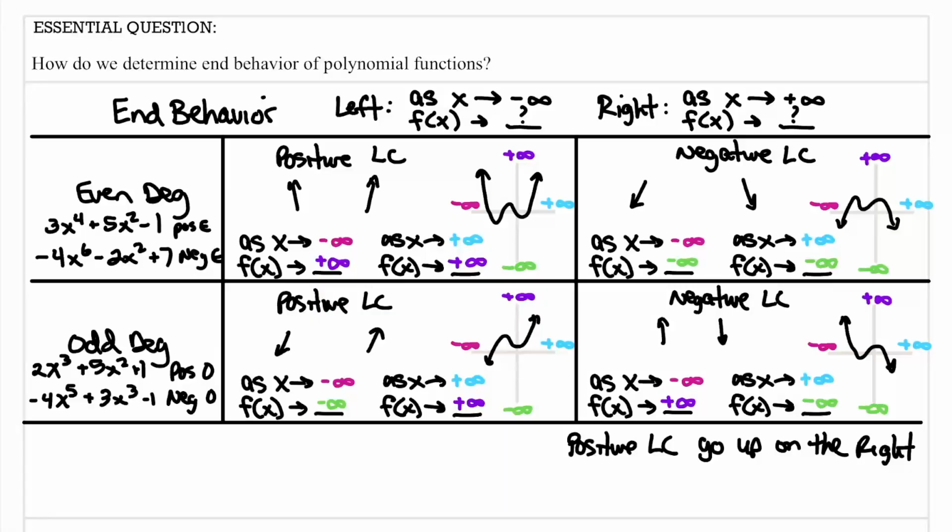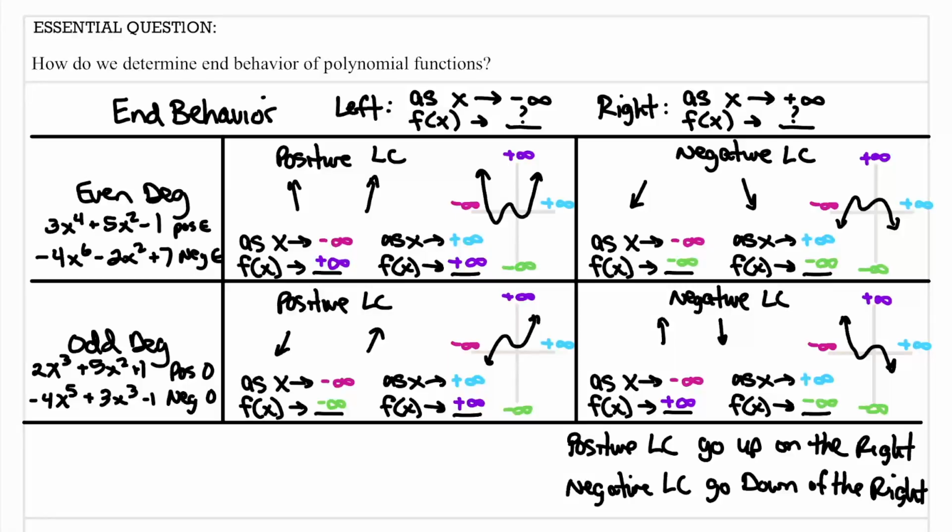So it doesn't matter if it's an even degree or an odd degree, it's going up on the right side with our positive leading coefficient, and we can say that negative leading coefficients go down on the right. So negative leading coefficients over here are both down on the right. So positive and negative determines the right side. Positive leading coefficient up on the right, negative leading coefficient down on the right.